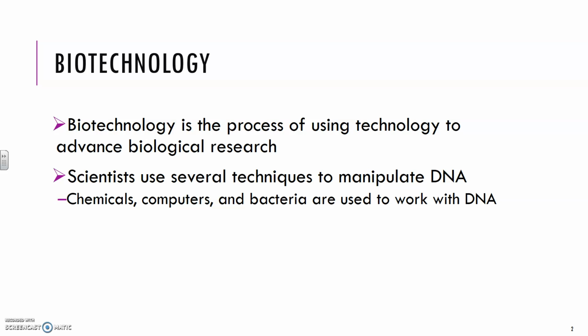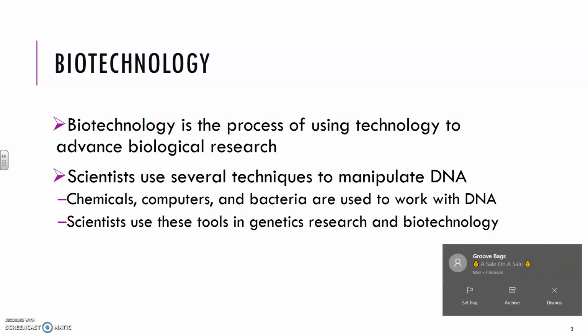Scientists will use different chemicals, computers, and oftentimes bacteria to work with DNA. We'll see in a later section why bacteria are so useful for this, but they're not always as bad as people think they are.